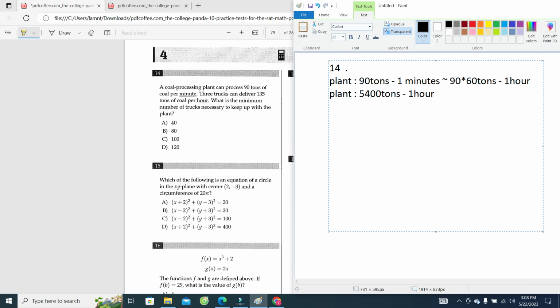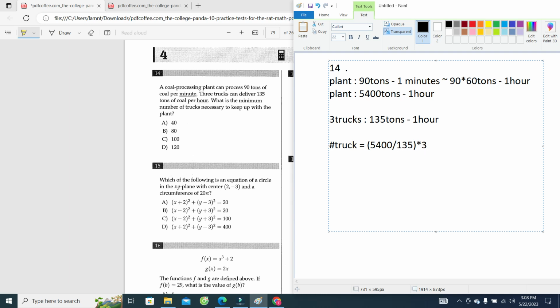So 3 trucks are gonna deliver how many? 135 tons per hour, right? So we can see that the number of trucks is gonna be 5,400 divided by 135, and multiply by 3.